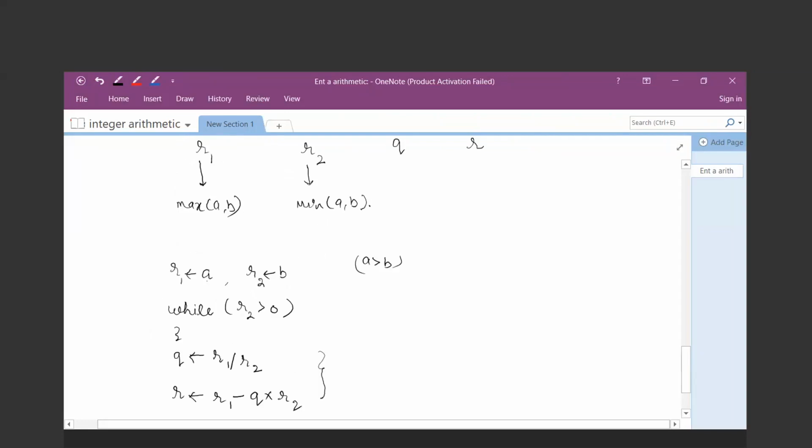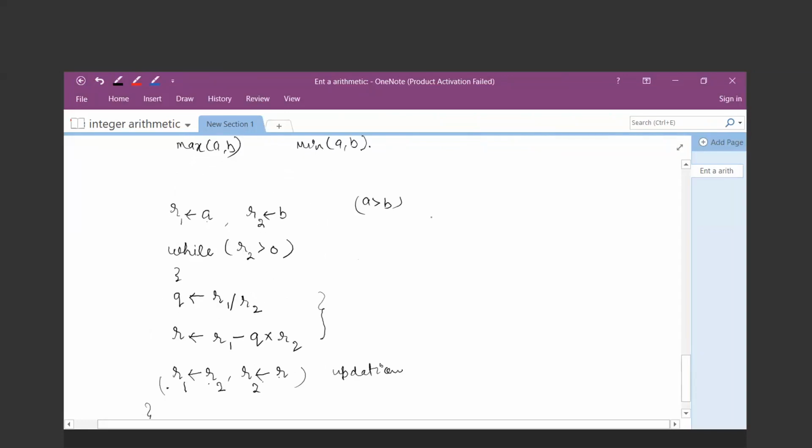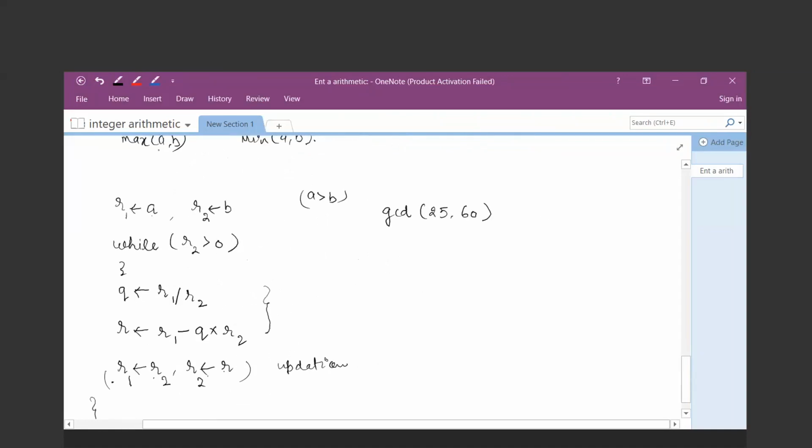Okay, let me show you one example. Suppose I want to find the GCD of 25 and 60. In the exam, you have to write the algorithm first, then create a tabular format like the one I created. The first column is quotient, the second is the R1, R2 values, and the last is the remainder.